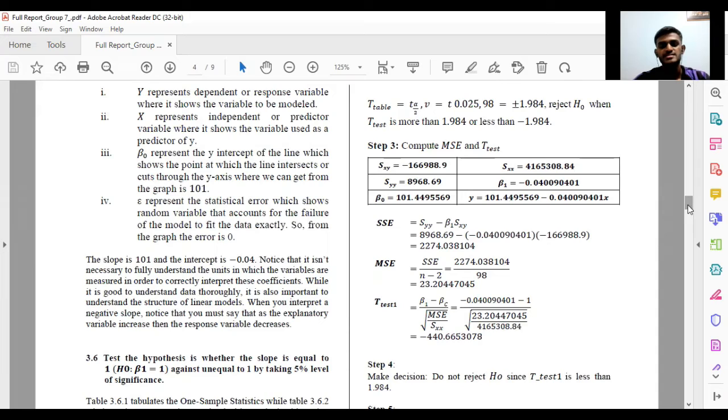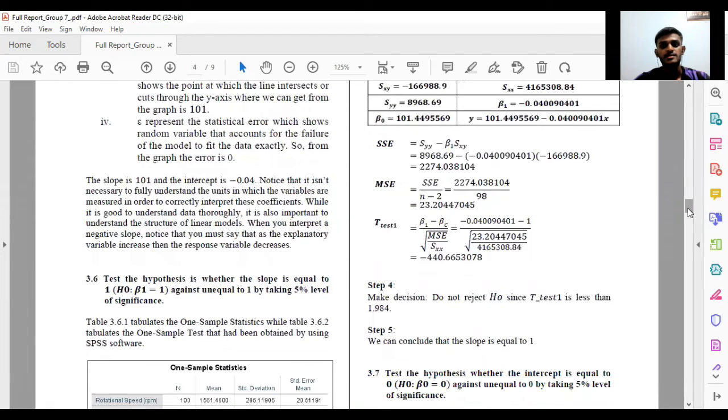The value for SSC is 2274.038104. For MSC, 23.20447045, and t-test 1 is negative 440.66530078. Since the t-test 1 is less than 1.984, we can conclude that the slope is equal to 1.